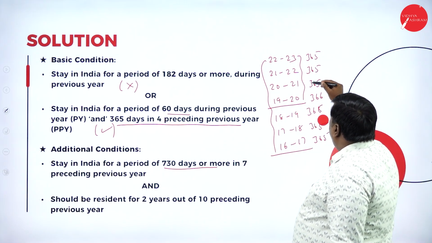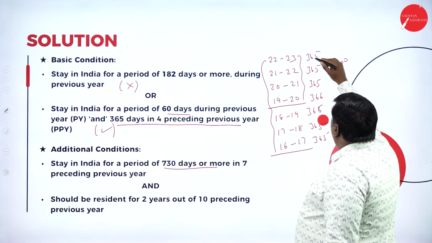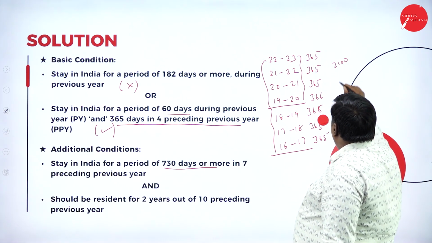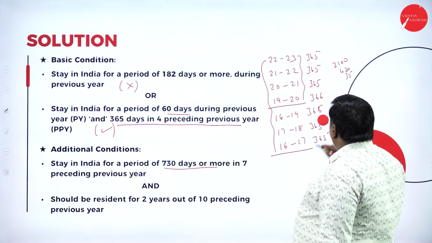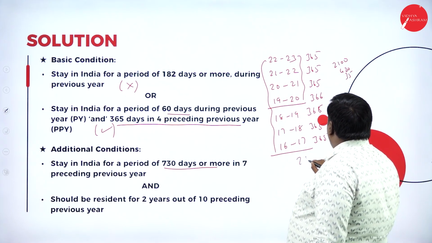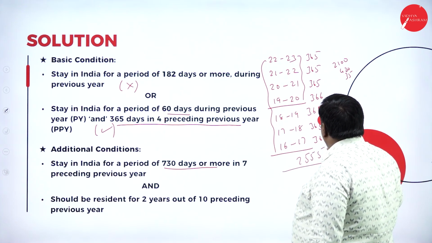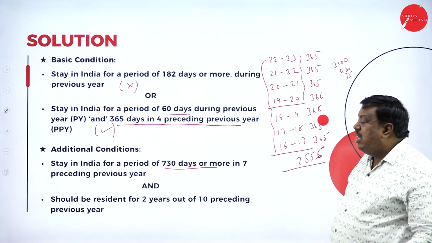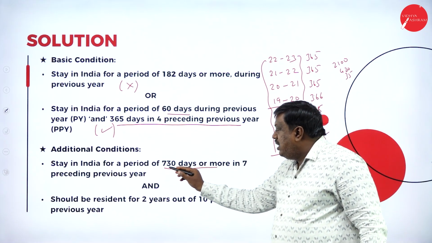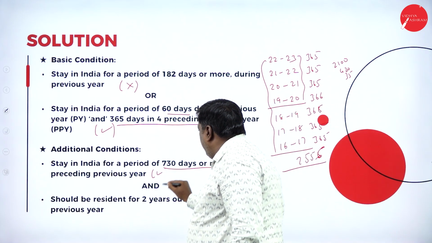So 1, 2, 3, 4, 5, 6, 7: 2,100, 420, 35. So I was in India for 2,555, 2,556 days. So it is more than 730 days, where I satisfied my first additional condition.